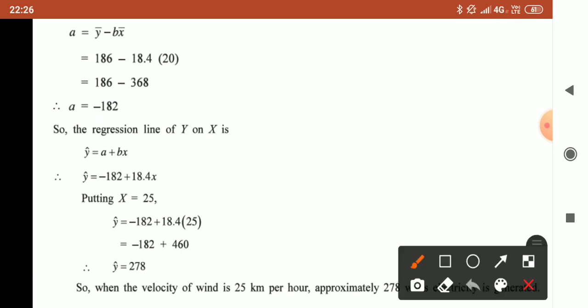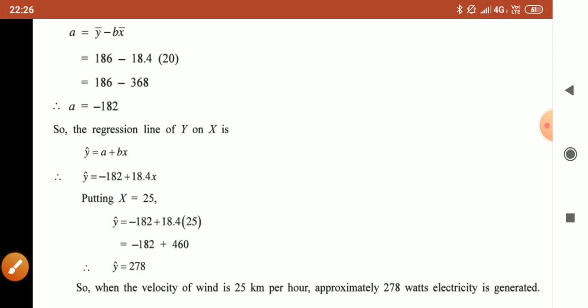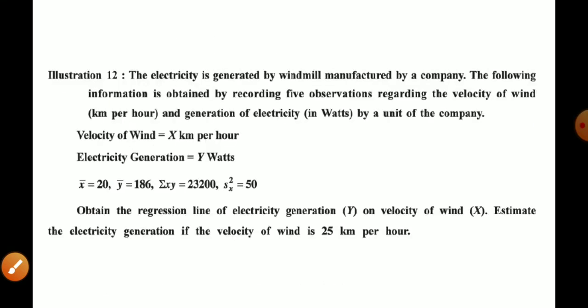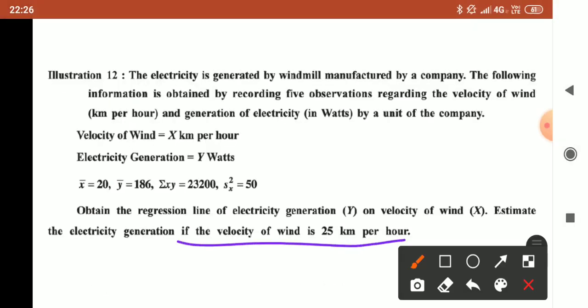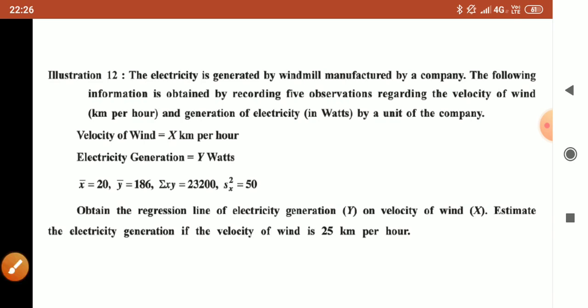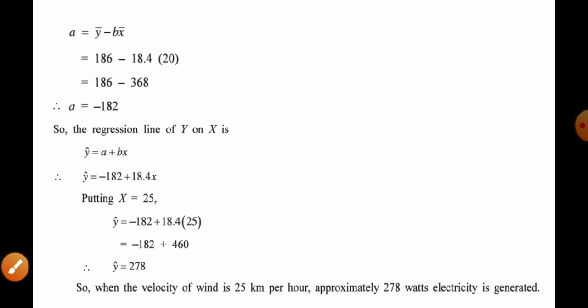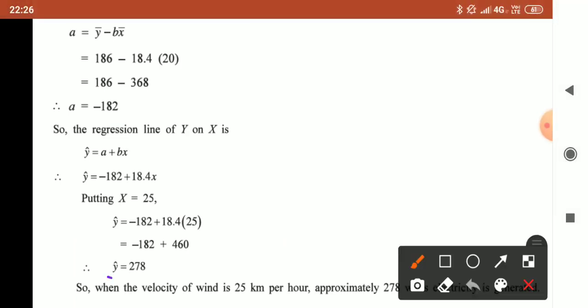Now my next step will be to find the regression line y cap. Y cap equals, I'll put in the values. After that I'll put x equals 25. Why will I put x equals 25? Because in the sum it is given to estimate the electricity generation if the wind is 25 km per hour. So by putting x equals 25, I'll get the answer y cap equals 278.